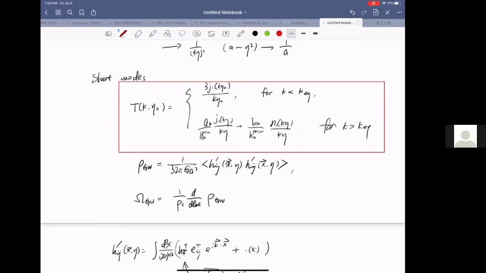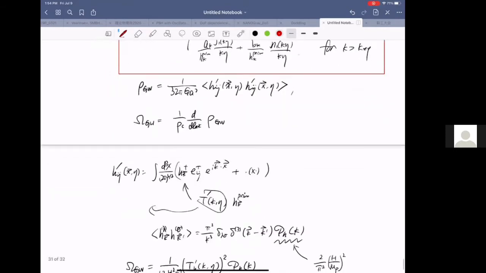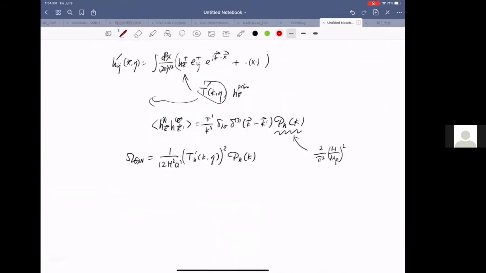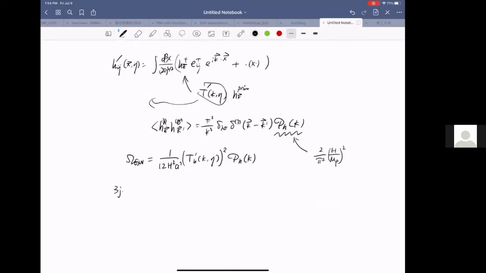For instance, if you look at the first line, it goes, in the limit when k eta is very large, which is always true because we are talking about an inside-the-horizon result, to (k eta) squared times some oscillations.